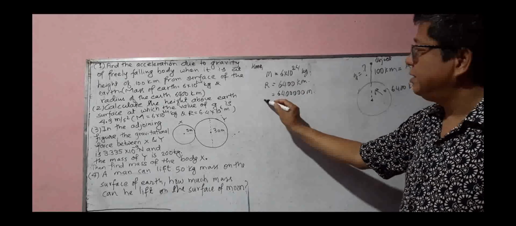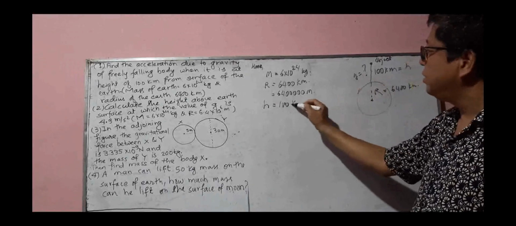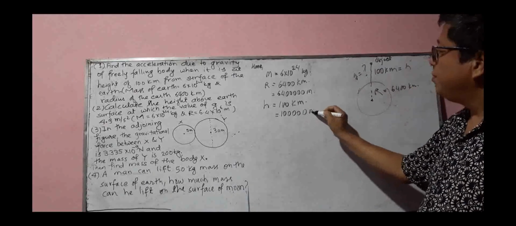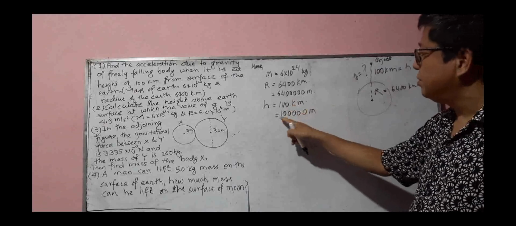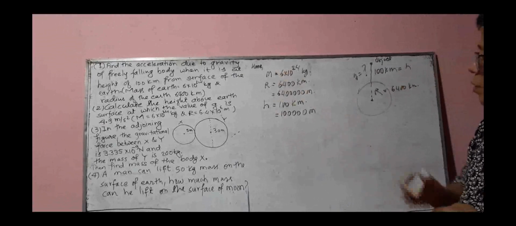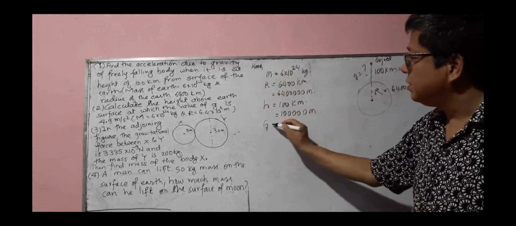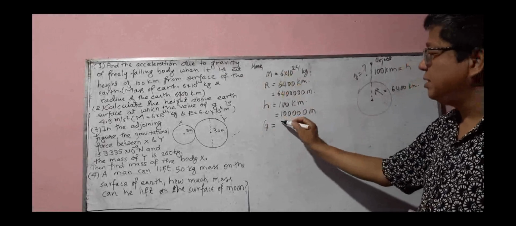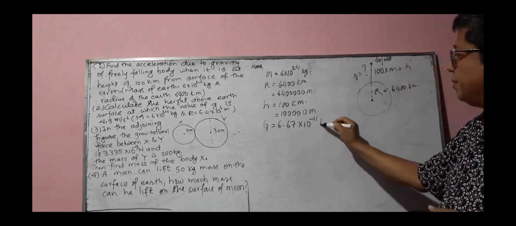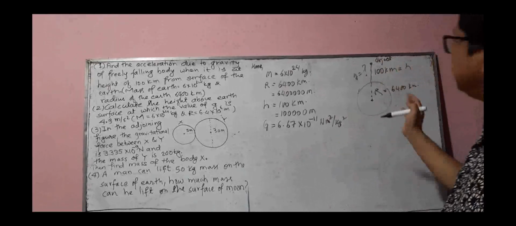And the height at which the object is situated is 100 km, and this also should be changed into meter, so we multiply by 1000, so 100,000 meters. One more piece of information that we need to write is the gravitational constant, G. The value of G is 6.67 into 10 to the power minus 11 newton meter square per kg square. Now we have to find the acceleration due to gravity.